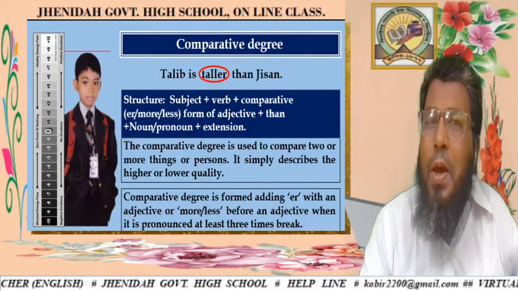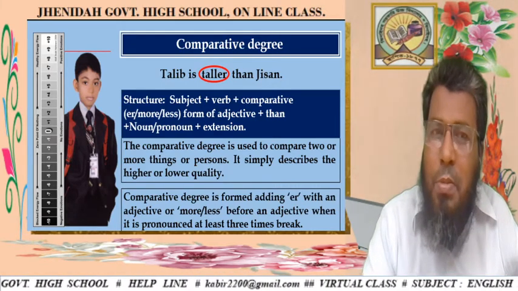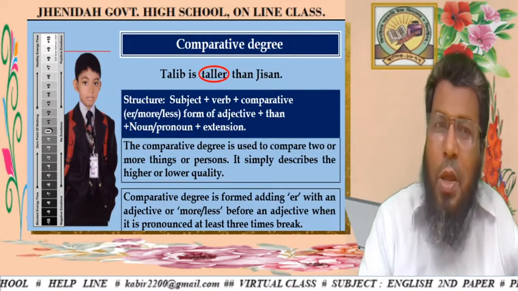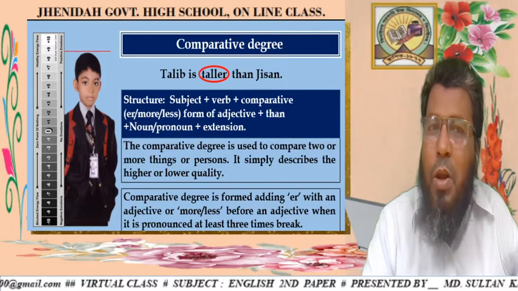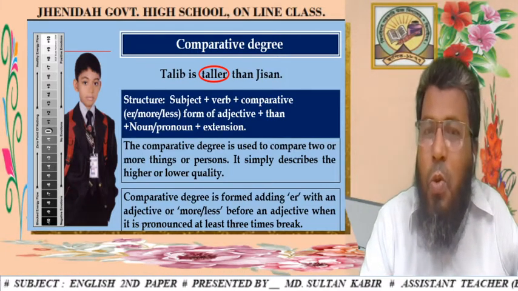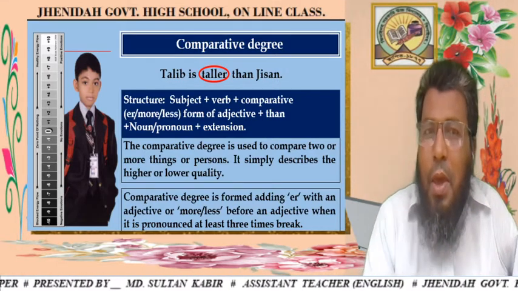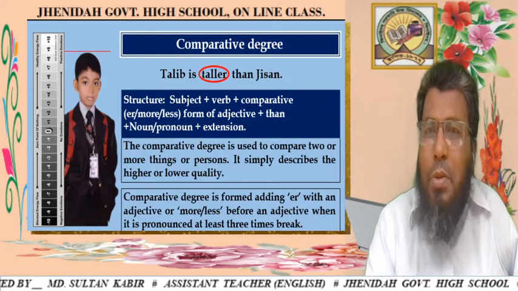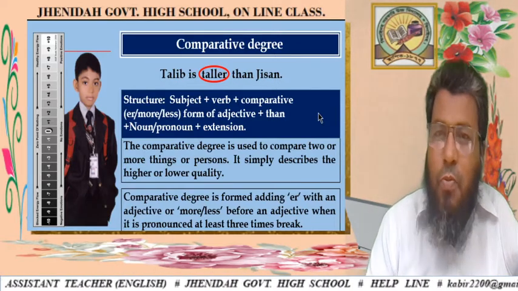If you have an idea of syllables, if the adjective is monosyllabic, then you add er at the end of the adjective. If the adjective has two, three or more syllables, then you add more or less before the adjective. So I think you have an idea about the comparative degree and its general structure.